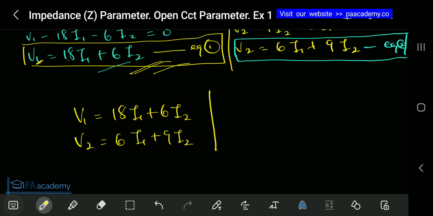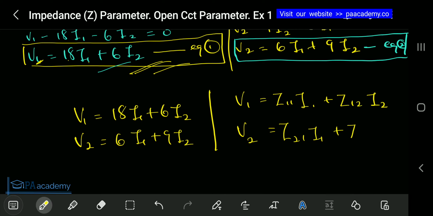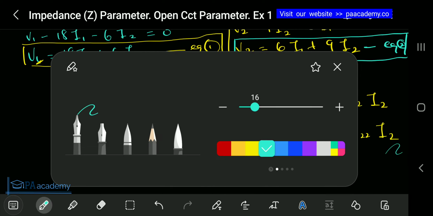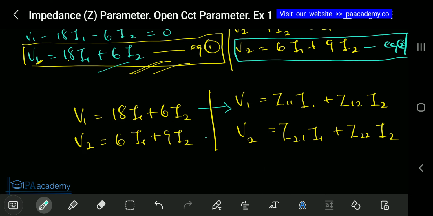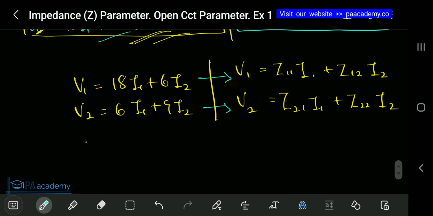So I said if you look at it side by side with V1 equals Z11 I1 plus Z12 I2, then V2 is equal to Z21 I1 plus Z22 I2, we can conclude that our Z11 is what? Is 18.